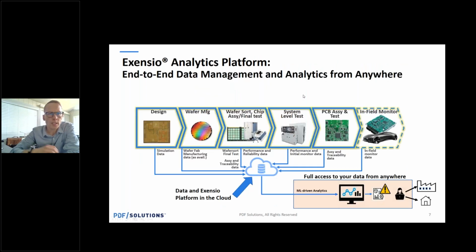So if we take a closer look at that end-to-end data management component, the Exensio big data environment captures all of the data types that you see here, from design all the way through sort, final test, as well as in-field monitoring. All of that's stored in our complete end-to-end analysis-ready database, which leverages best-in-class cloud technologies accessible from anywhere in the world.